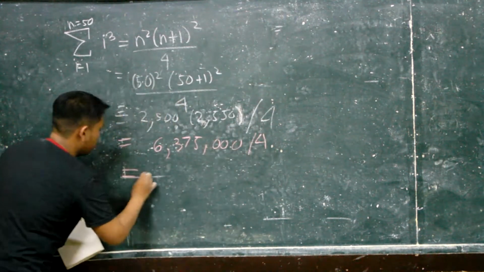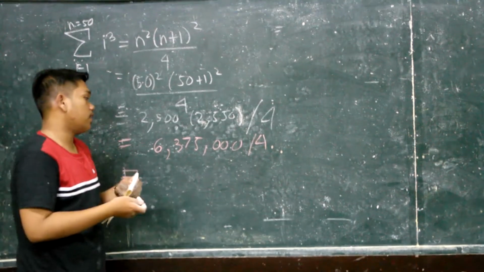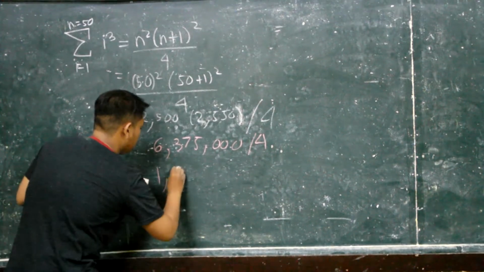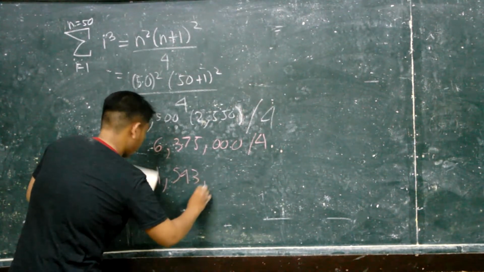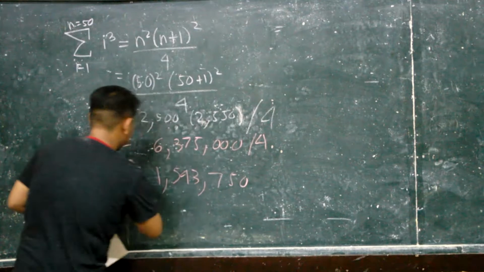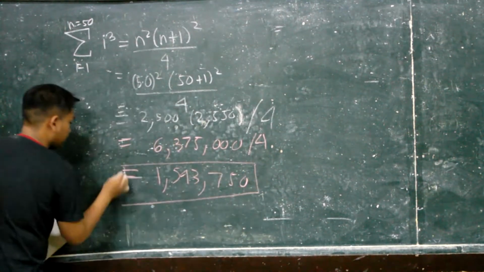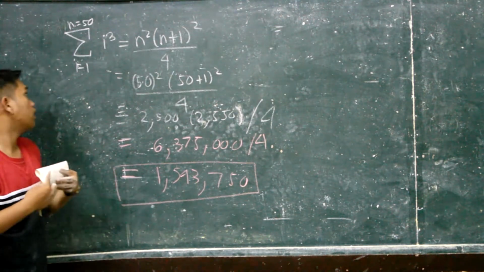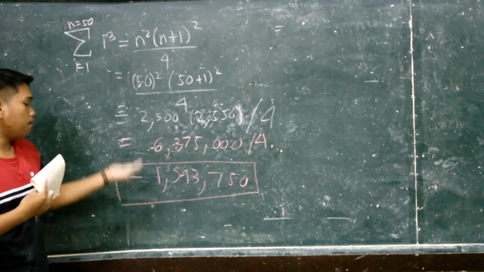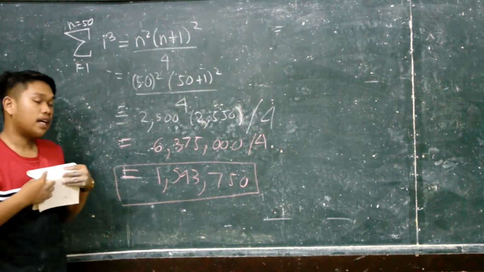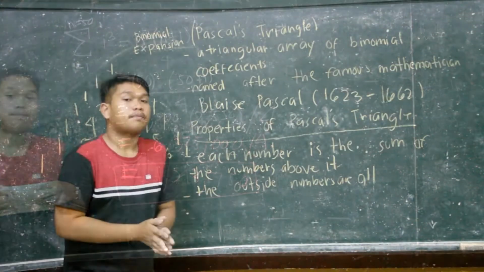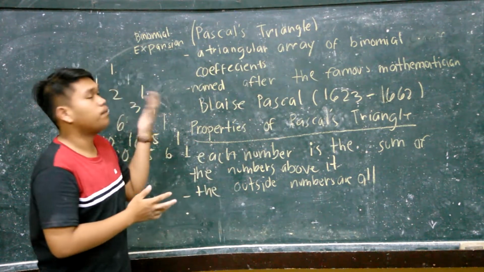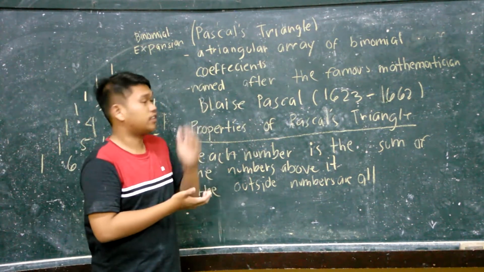Dividing by 4 gives 1,625,625. So the summation of i³ from i equals 1 to 50 is equal to 1,625,625.